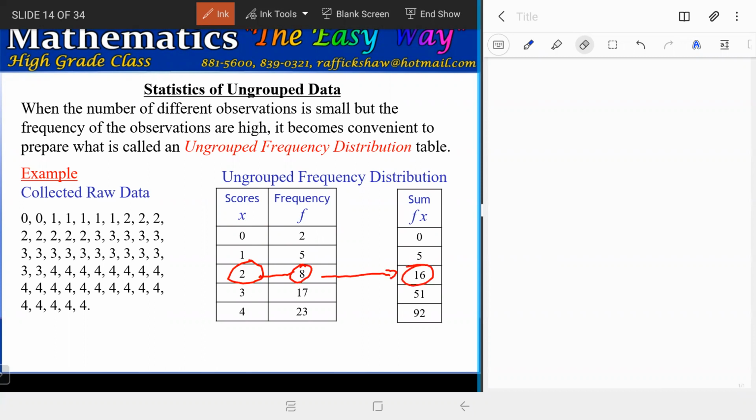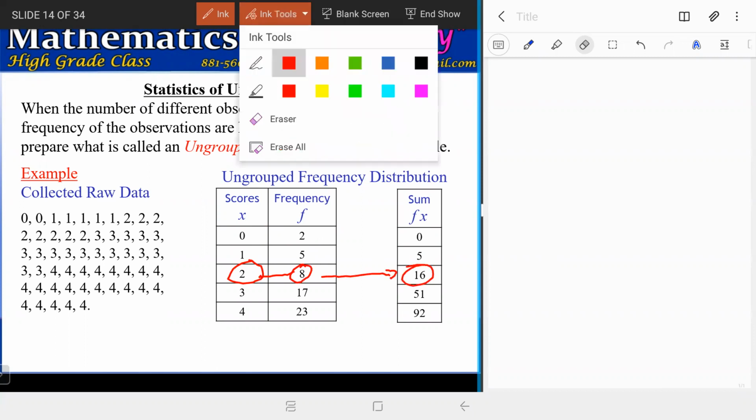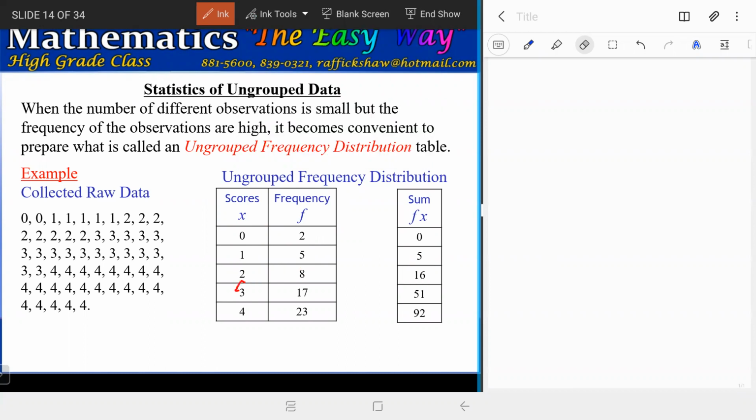And since there are 17 threes, the sum of the threes is 51. And since there are 23 fours, the sum of the fours is 92. So this is a nice way to calculate the sum. Sum from a frequency table is always the frequency times the score, and this is how you calculate the total of all the values.